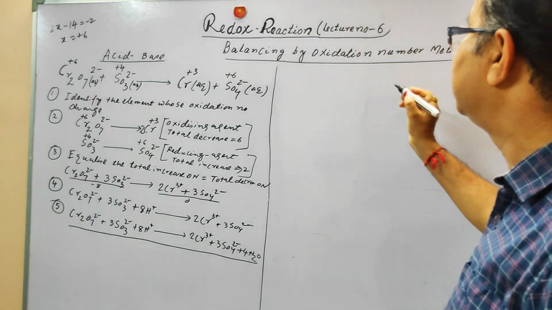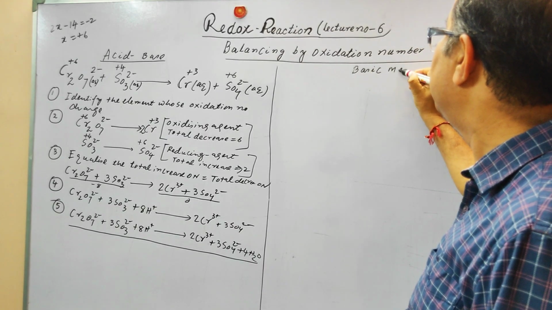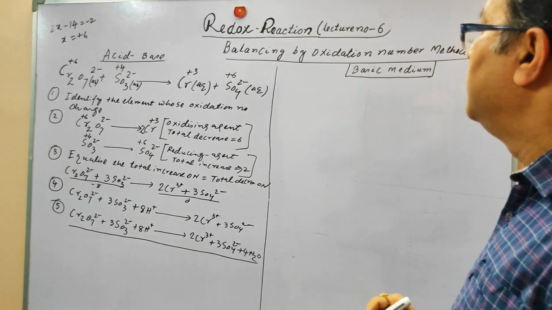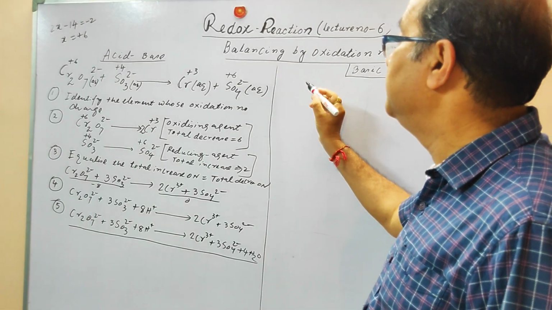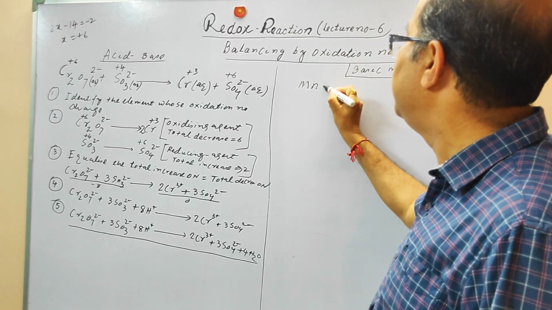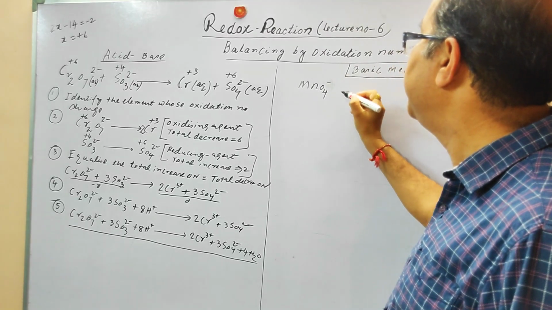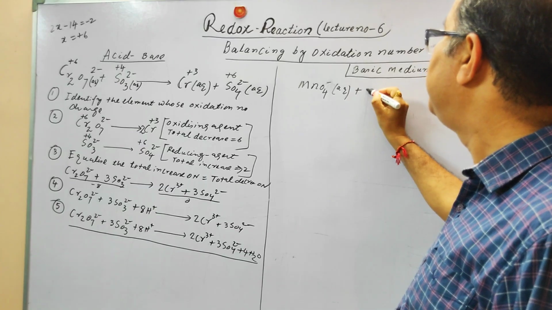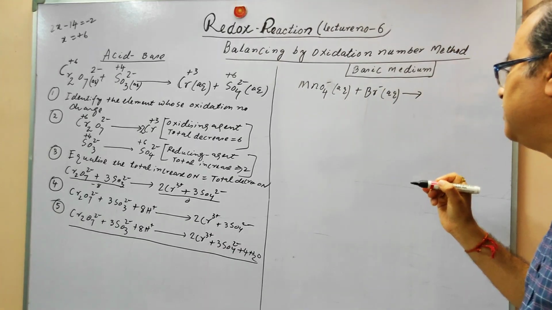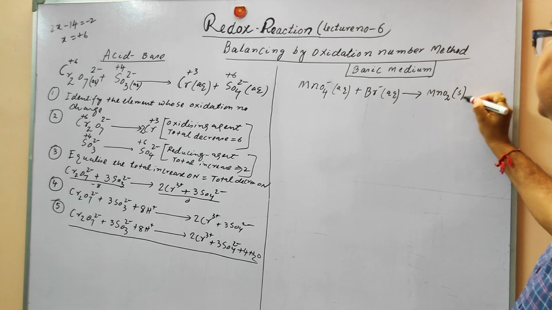Okay, now we will discuss the equation for the basic medium. For the basic medium, we are taking a redox reaction whose chemical equation is: permanganate ion, MnO4 minus, in aqueous solution, will oxidize bromide ion into bromate ion, and it itself is reduced to manganese oxide, in the solid state.